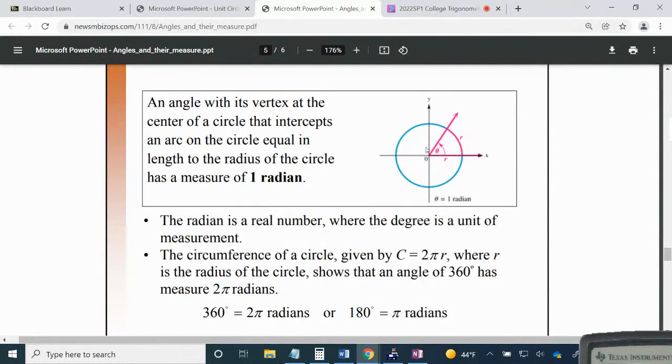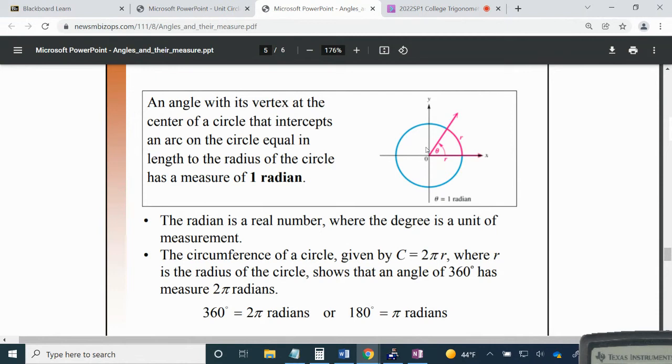And as we go through the trig course, just as in the algebra course, we have variables. In the algebra course, the variables were the Arabic lettering system: x, y, z. In trig, our variables are written out as Greek letters of the alphabet.